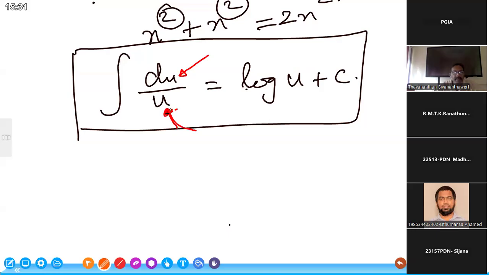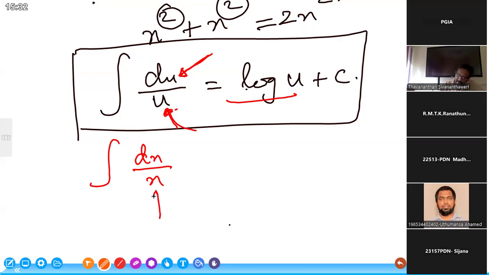Let's say that function is given as u. If you find the derivative of that function in the numerator, then it is going to be a log function.